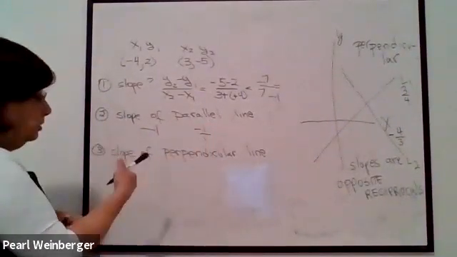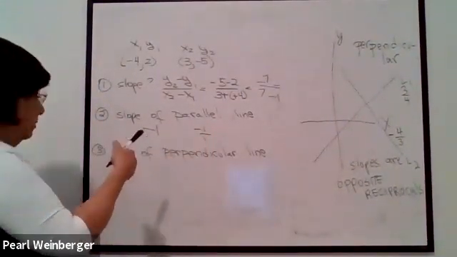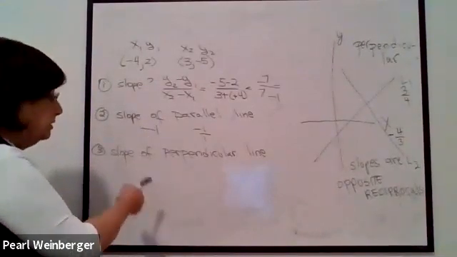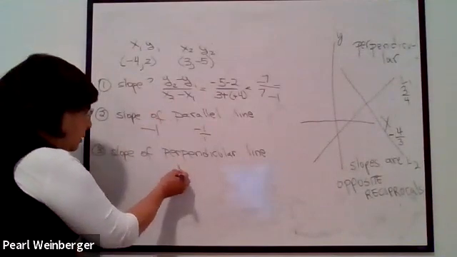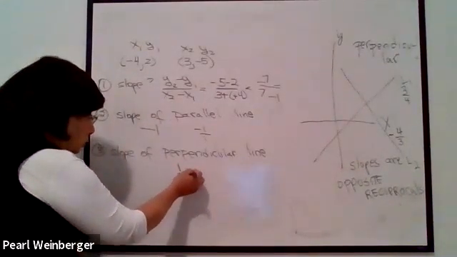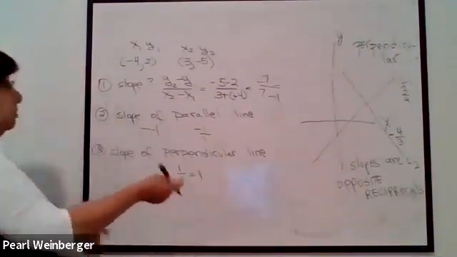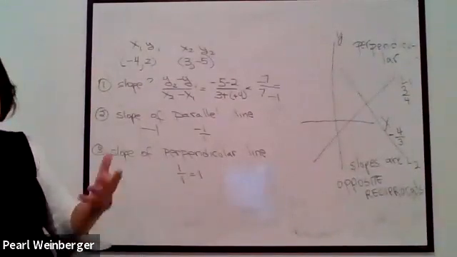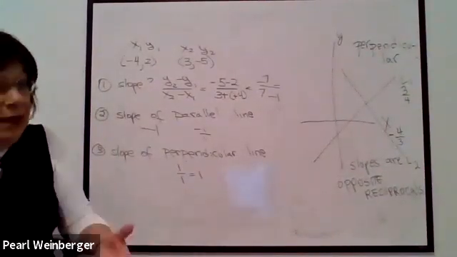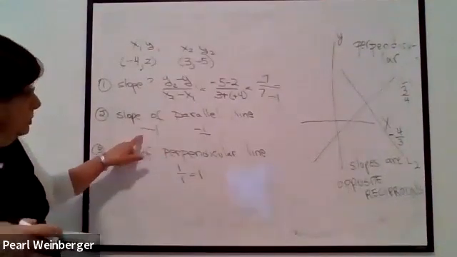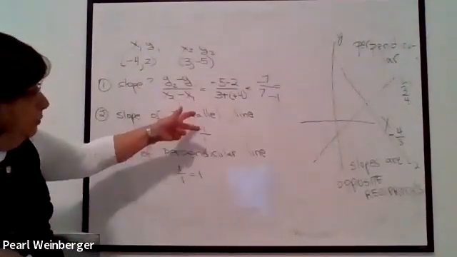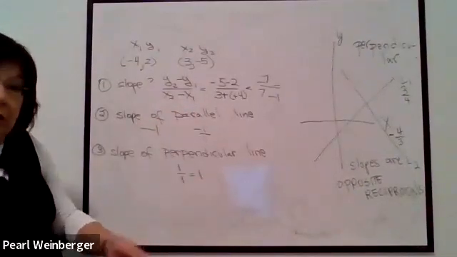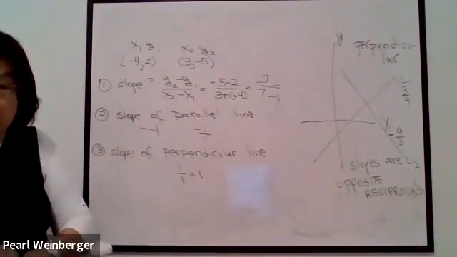Its opposite reciprocal is going to be +1/1, or just 1, because the reciprocal of 1 is 1. It has to be the opposite sign. This one was negative, so this one's going to be positive. And when you flip over 1, you still get 1. So that was the answer to that question.